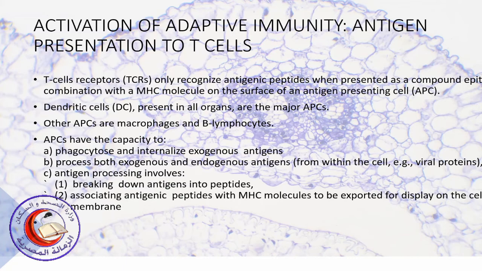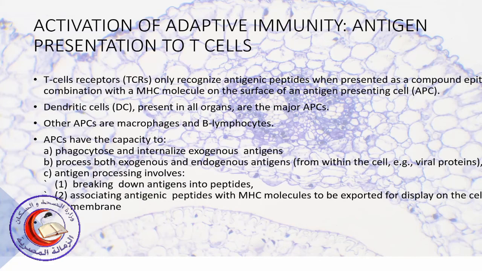Number 3, they process the antigen, whether phagocytosed or derived from endogenous proteins in the cytosol, and this processing involves breaking down the antigen into peptides, associating the antigenic peptides with an HLA molecule, and then exporting the compound HLA molecule, foreign peptide, for display on the cell membrane.